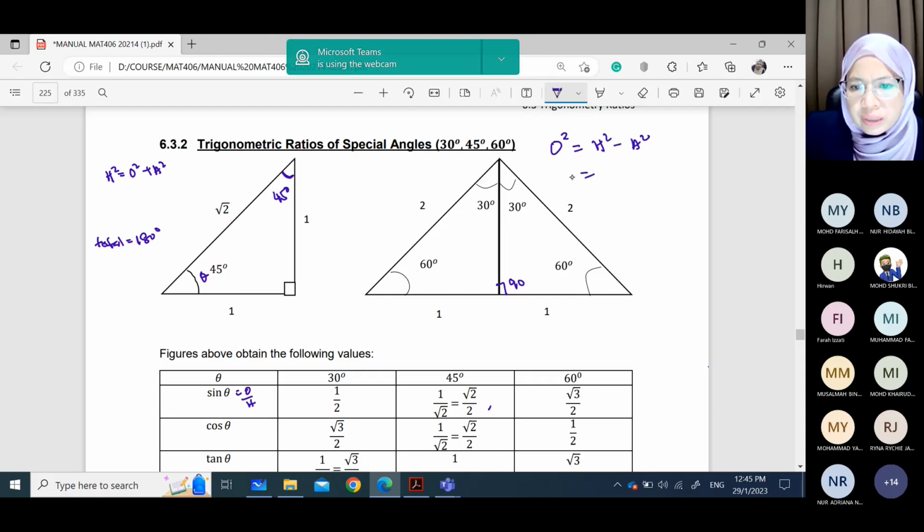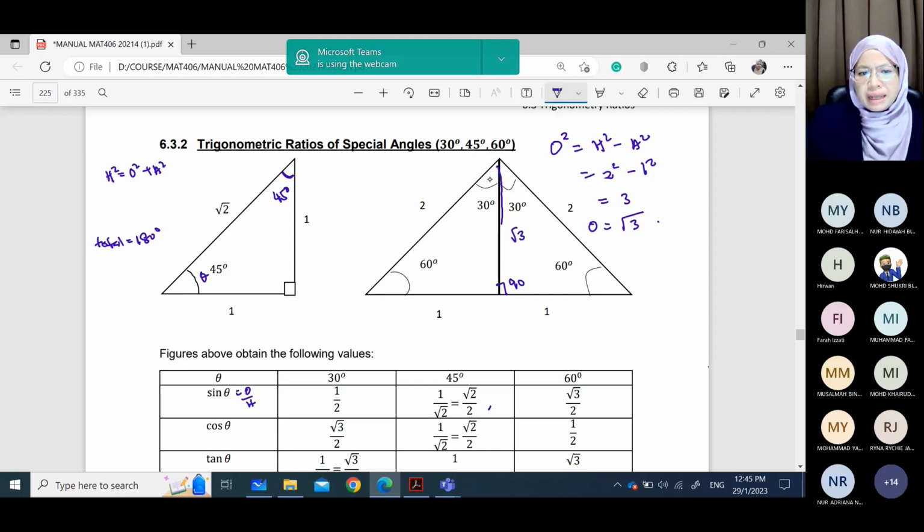So h squared is 2 squared minus a squared, a is 1, 1 squared. So you akan dapat 4 minus 1, 3. So O is equivalent with root 3. Jadi yang panjang yang ini adalah root 3.